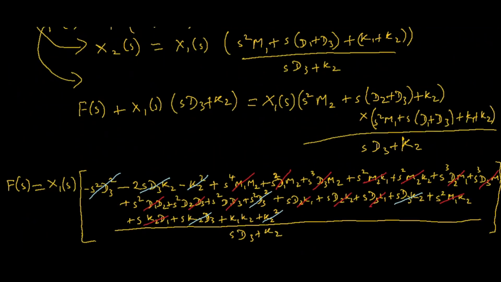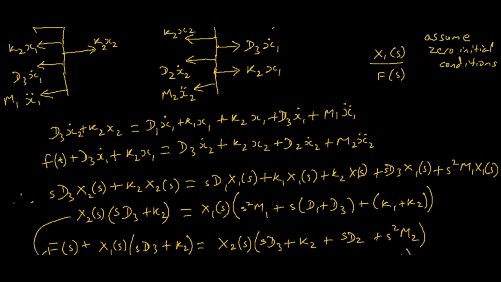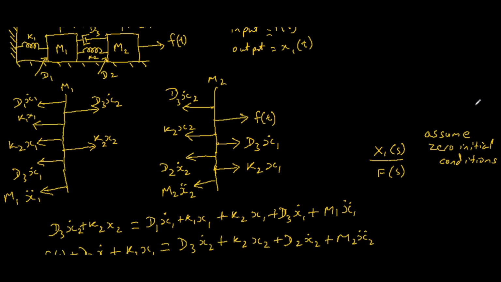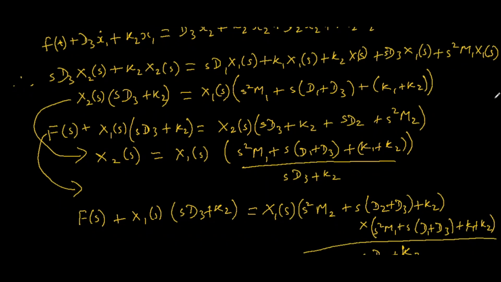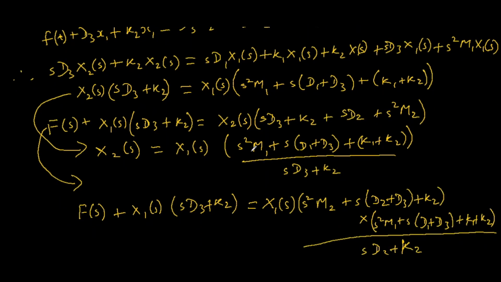Now, we could have asked the question, what would have happened if x2 was the output? Let's say instead we were told to find x2 of s over f of s. In other words, let's assume that x2 was the transfer function. If that was the case, then instead of using this expression, we would have used the expression on its head.